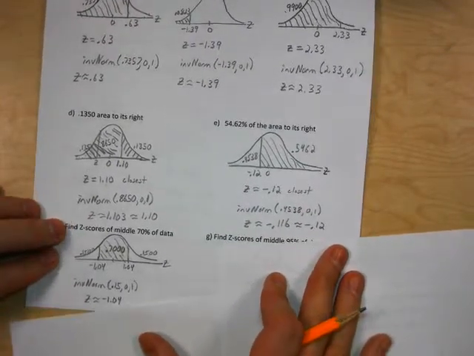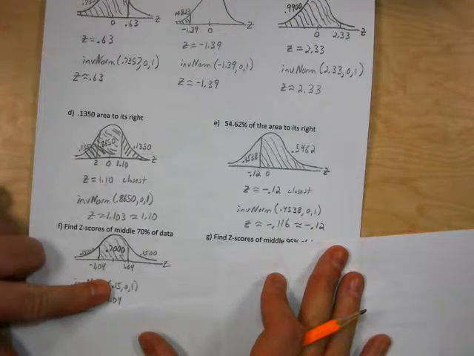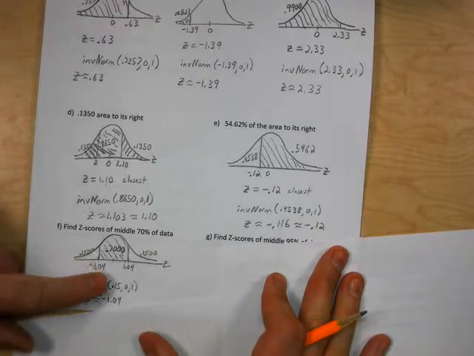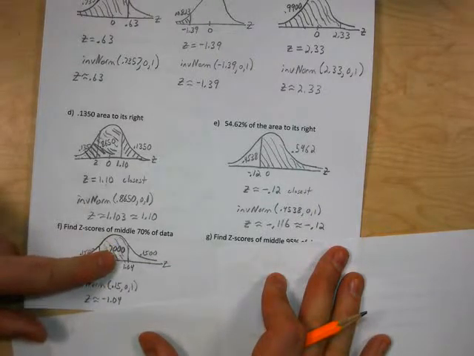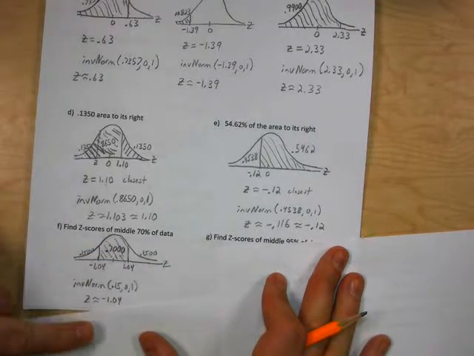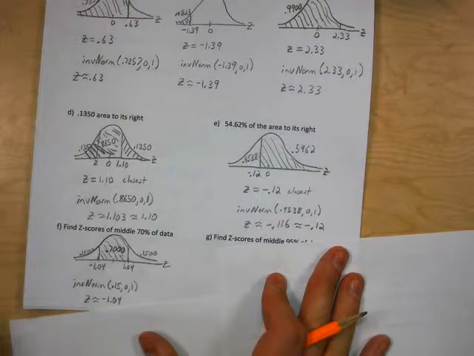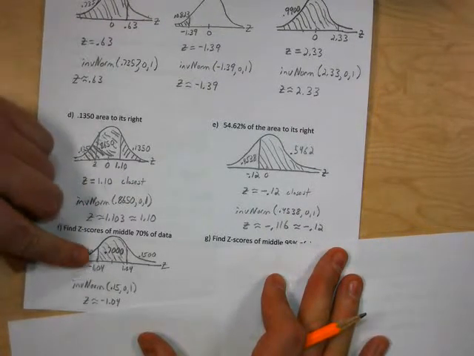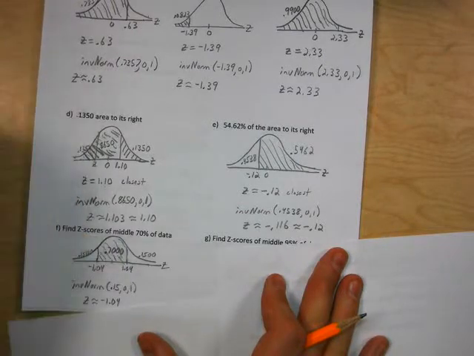If you do the inverse norm of 0.15, you get negative 1.04. If you did inverse norm of 0.85, again that was 0.7 plus 0.15, that would give you positive 1.04. You just have to recognize we're looking for two z-scores here, the left side and the right side that has the middle 70% between them.